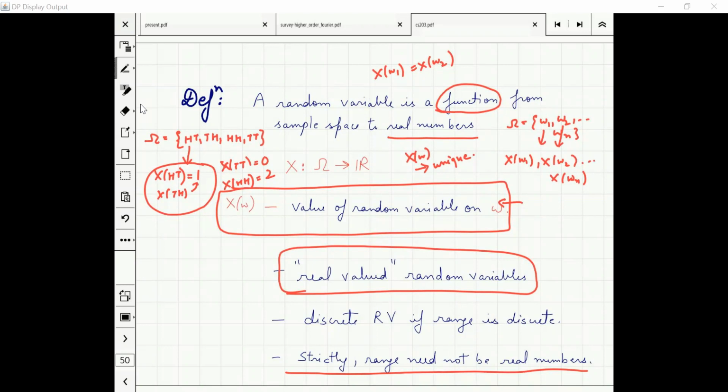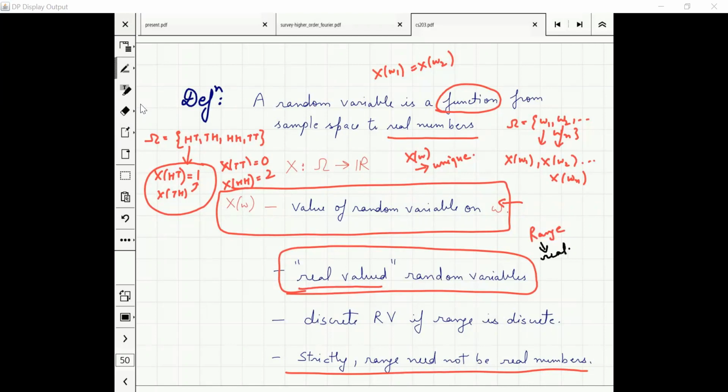But for this course, I would assume 99% of the time we will only worry about random variables whose range is the real numbers. That's why whenever I say random variable, you should think of real valued random variables, whose values are real numbers.